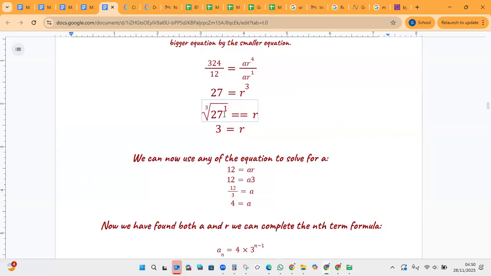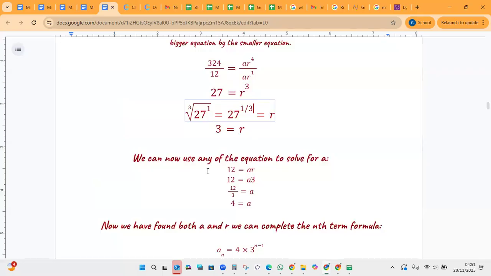The value of the root is 3. So this can also be written as 27 raised to the power of a third. And if you do that in your calculator, you also get 3 for R.